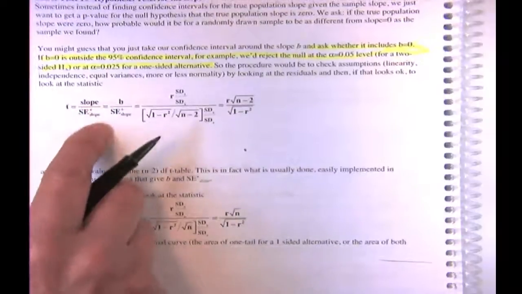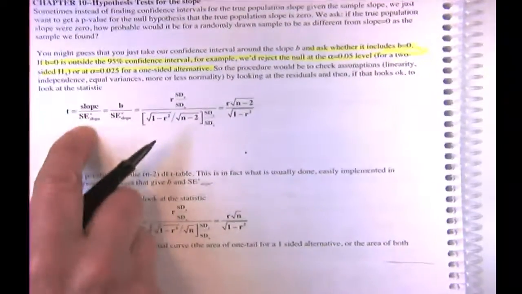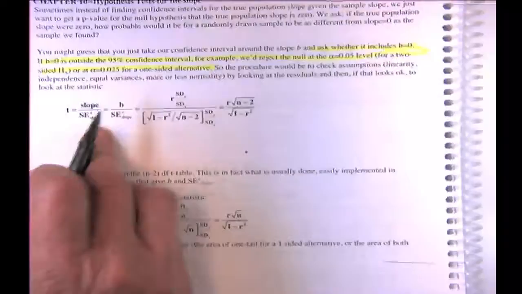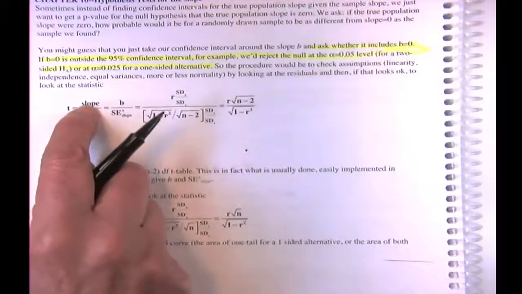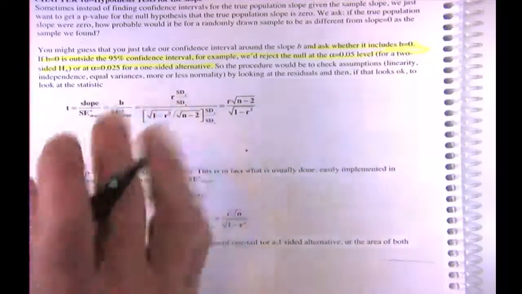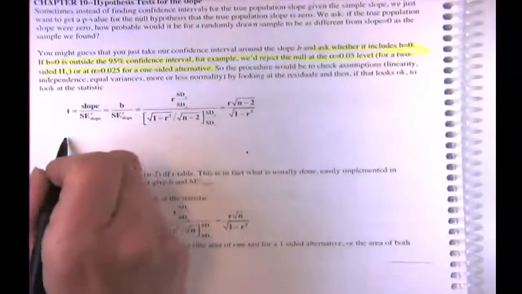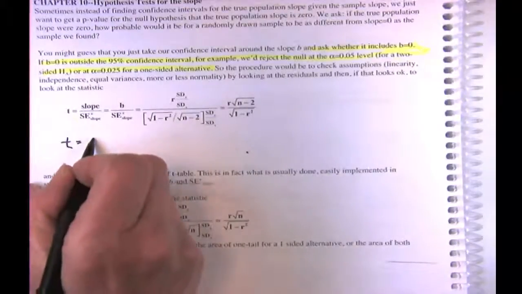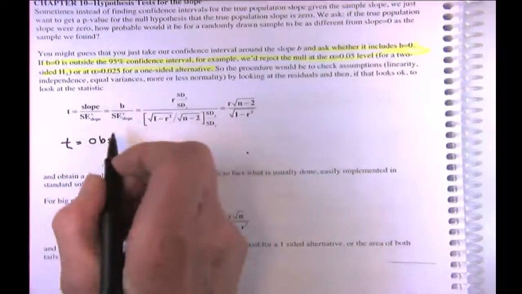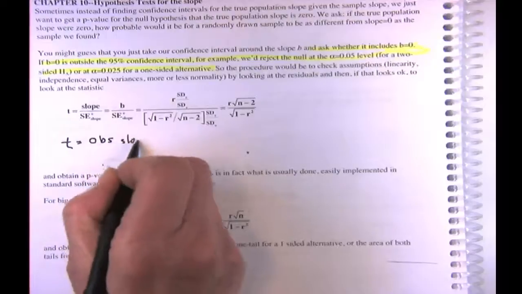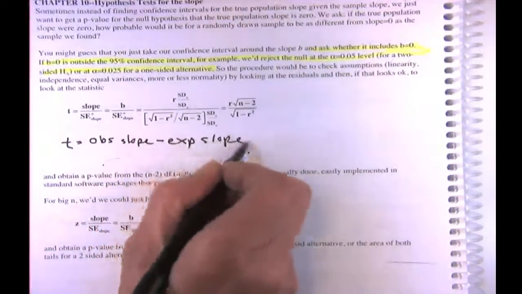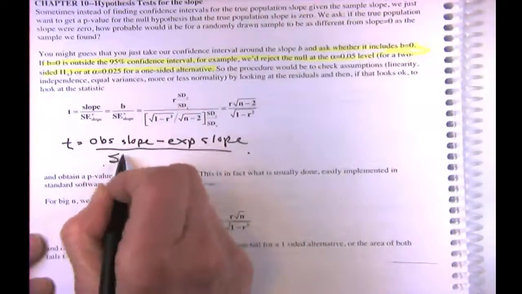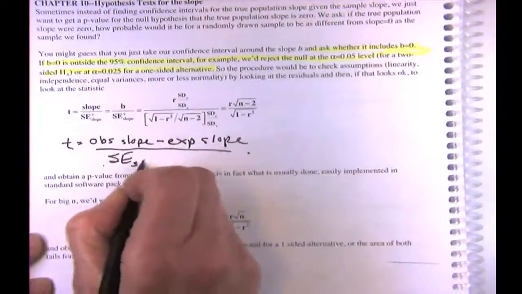It's your slope over the standard error of the slope. For a hypothesis test, it would be your observed sample slope minus your expected value of 0. So for a hypothesis test, you always say t equals your observed sample slope minus your expected under the null, over some measure of its standard error of the slope.